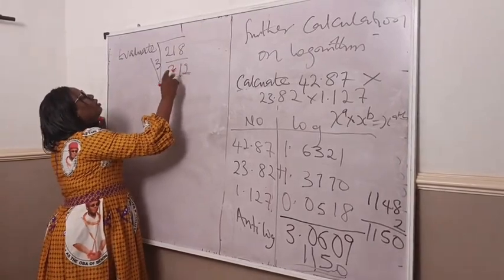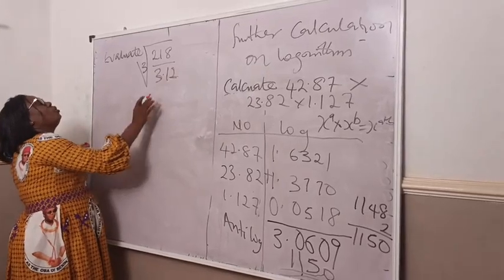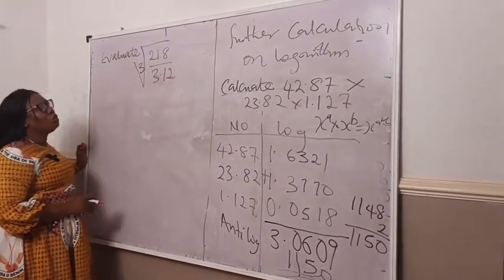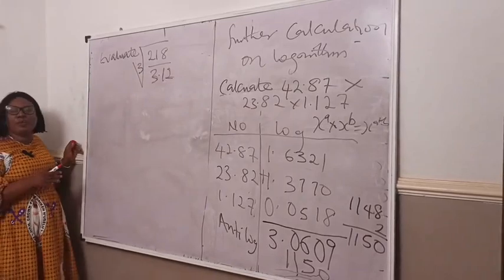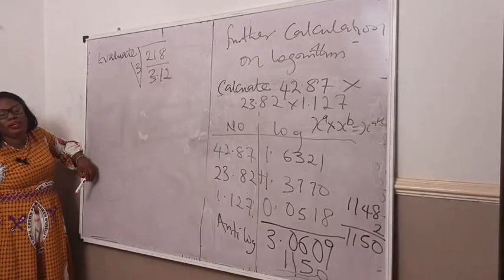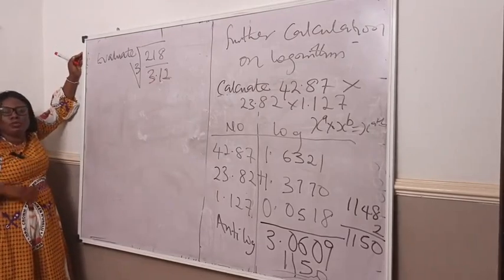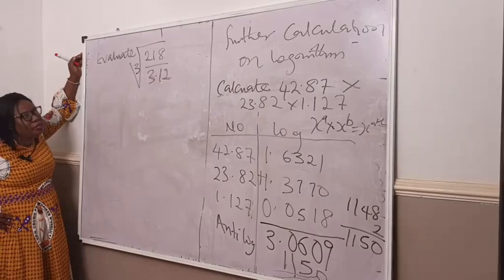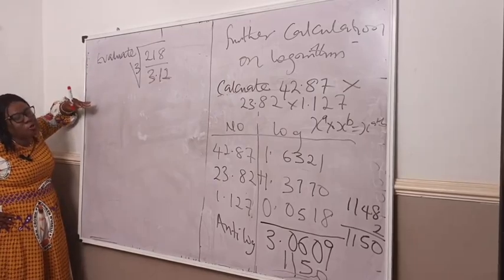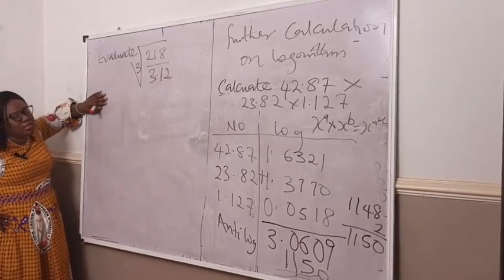Evaluate 218 over 3.12, all in cube root. These are the kind of questions you see in examinations, in WAEC, in GCE. Whichever examination board you write for at O-level, this is the kind of thing you will see, especially in theory.